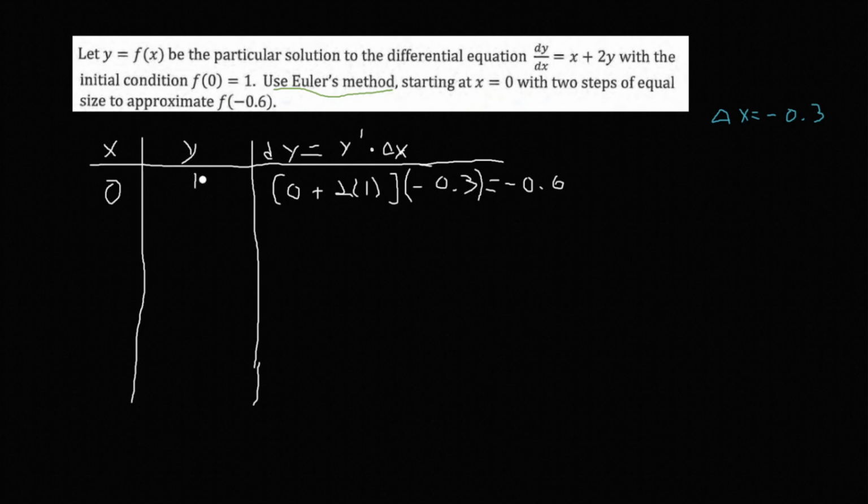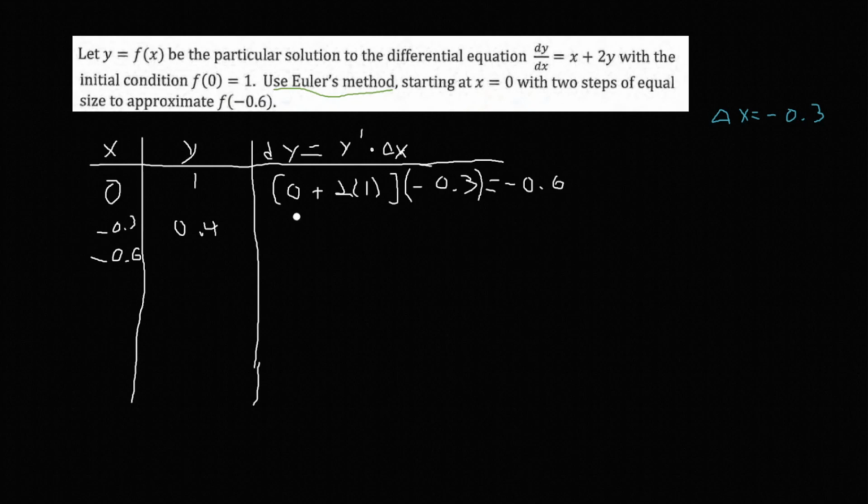So we will add this to our y's to get our new y's. And we know this is negative 0.3 and negative 0.6. So add this to our previous y. 1 minus 0.6 is 0.4. So now we can substitute our values in.